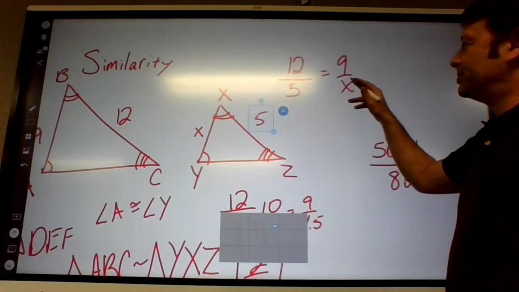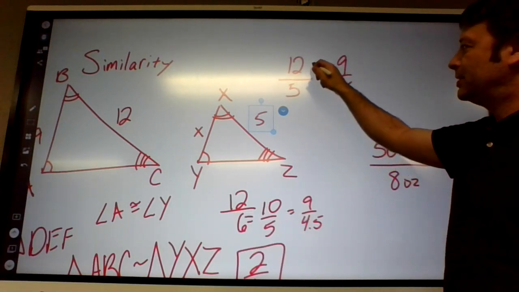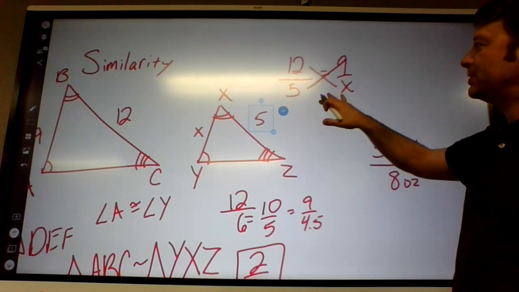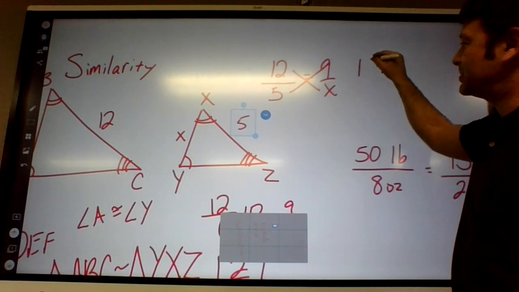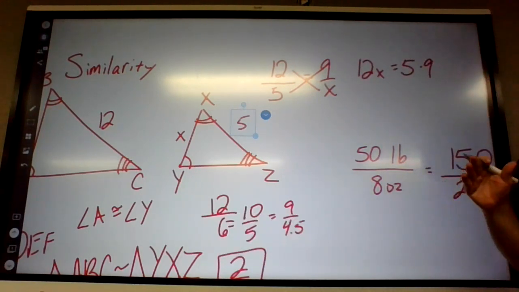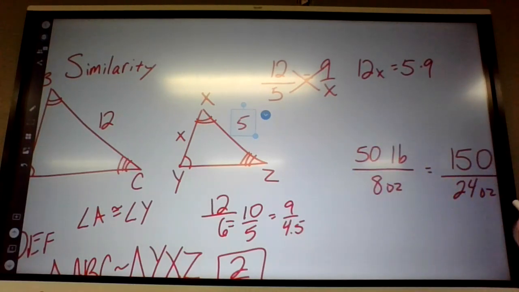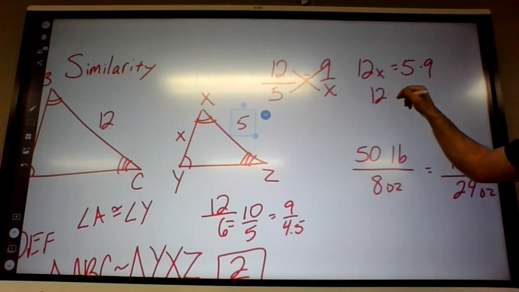There are a couple ways to do it, but anytime you have two equal fractions, two equal ratios, the easiest way is to cross multiply if the answer is not obvious. So 12 times x equals 5 times 9. When the answer is not obvious, like when this one is twice as big as the other, you can cross multiply. So 12x equals 45.